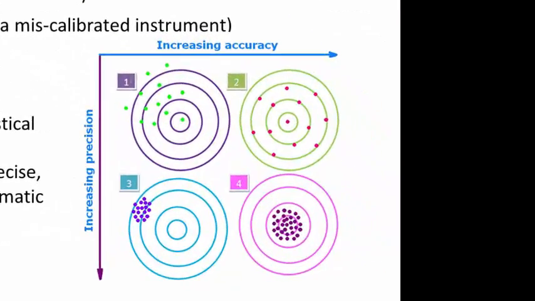If you look at the bottom right-hand slide, this shows you graphically the difference between accuracy and precision. Let's start by looking at the bullseye labeled 3. If we imagine this as a bullseye in which we're shooting arrows as our experimental measurements, you see that in number 3 you have a very tight pattern.